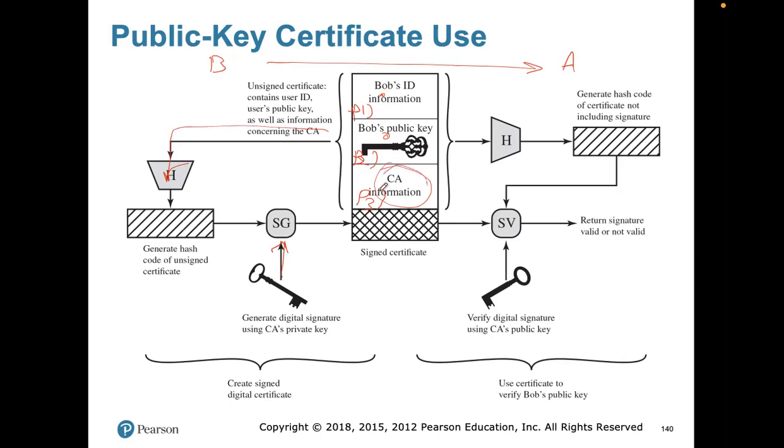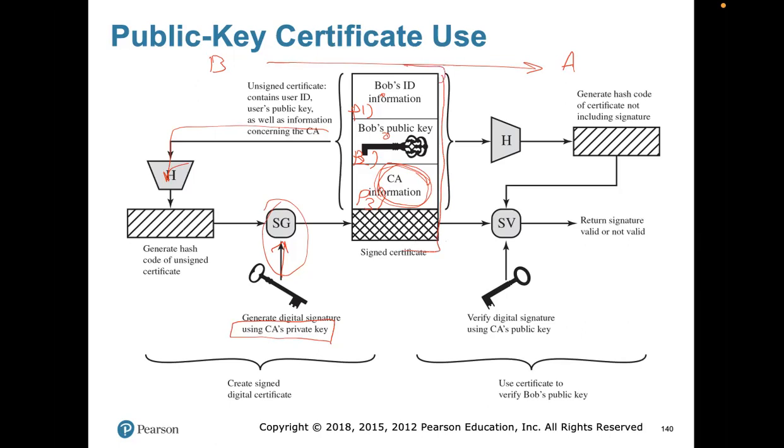Sorry, this is the CA information, not the signature. These are just CA information like ID. The CA takes the hash of these three parts, and the hash will be encrypted using the CA's private key. Whatever you get is appended to the message, and this message is sent to Alice.